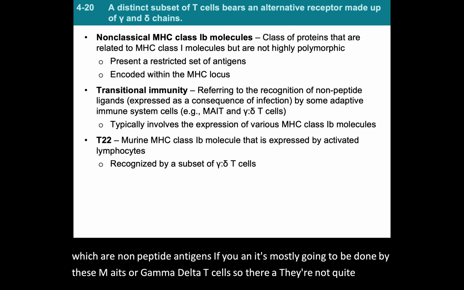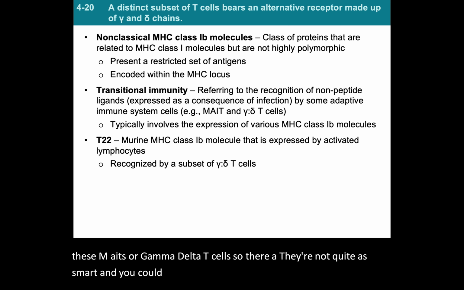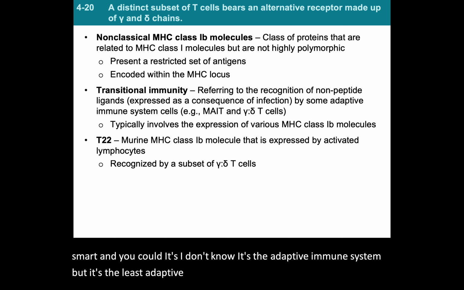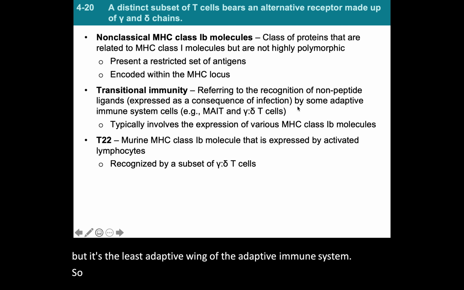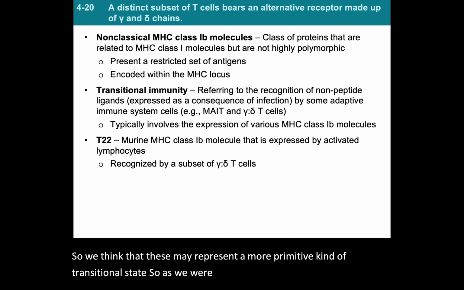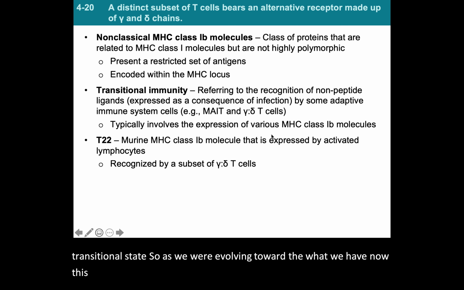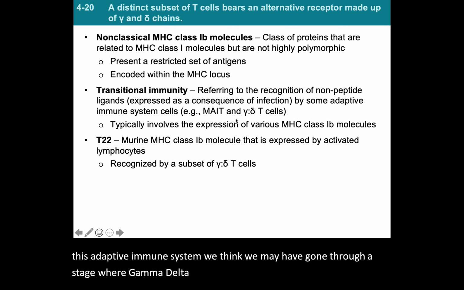It's the adaptive immune system, but it's the least adaptive wing of the adaptive immune system. So we think that these may represent a more primitive kind of transitional state. As we were evolving toward what we have now, this adaptive immune system, we think we may have gone through a stage where gamma delta type T cells and MAITs were the only kind of T cells that we had.